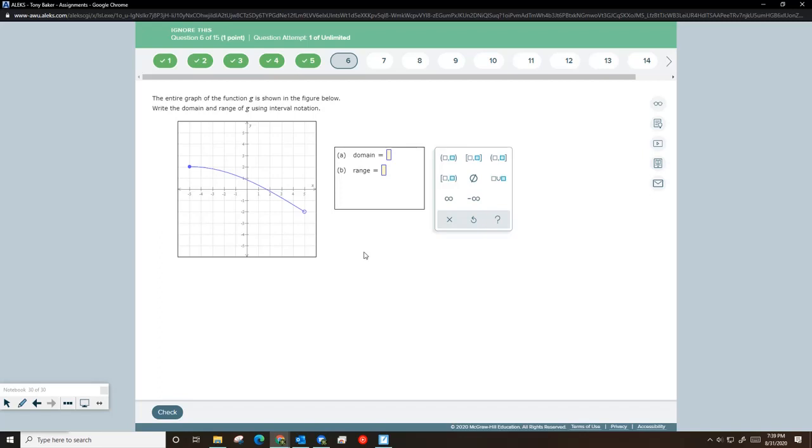This top one's asking you for domain and range, but it's giving you a graph for your domain and your range. Domain is your set of inputs, range is your set of outputs. So when I'm looking at my domain, I'm looking at my x values. So I'm looking from here. Now it does them all.